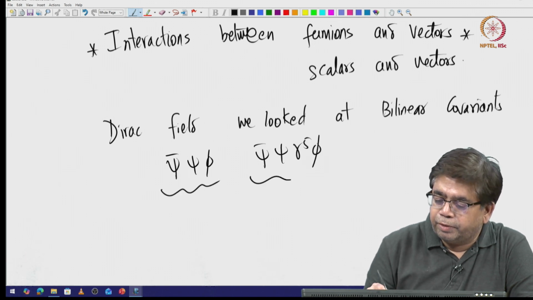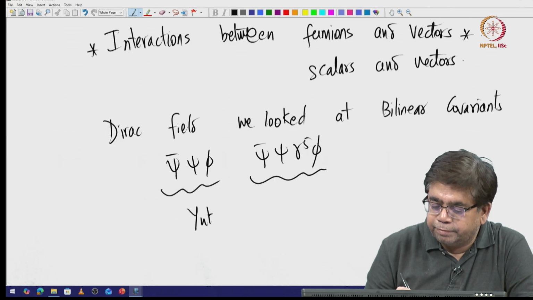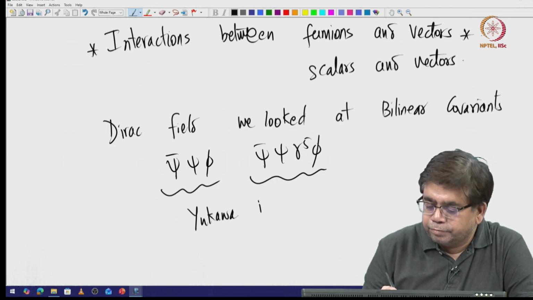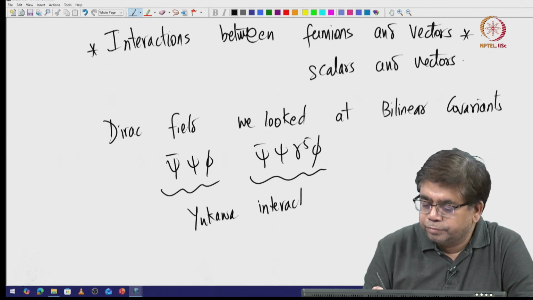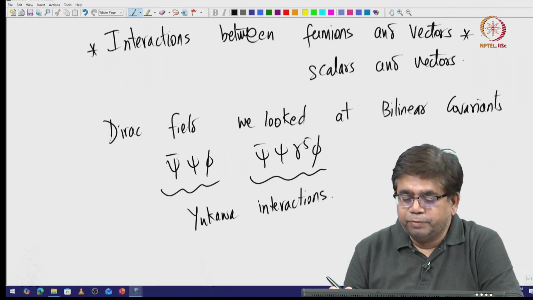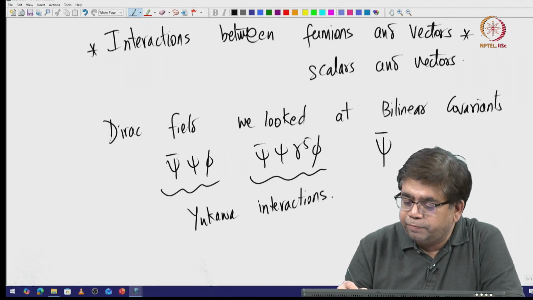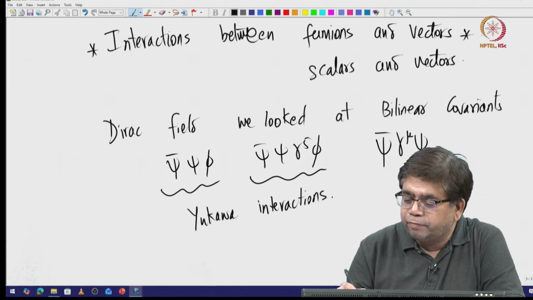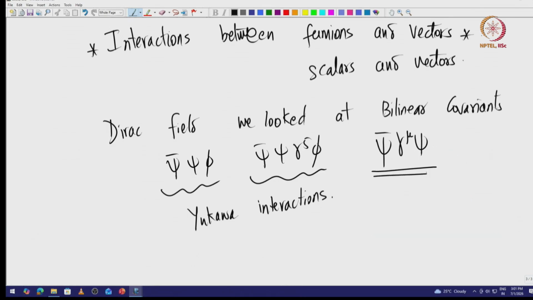So, these are varieties of Yukawa interactions which we studied. The other next bilinear which would come is something which couples directly to the vectorial current of the Dirac field. Okay. This is precisely what we are looking at.